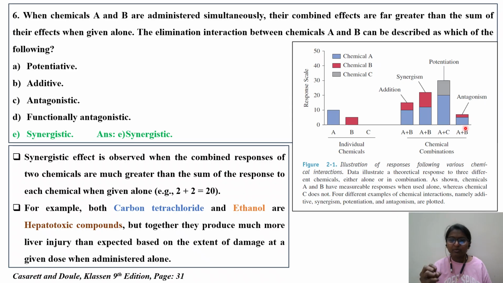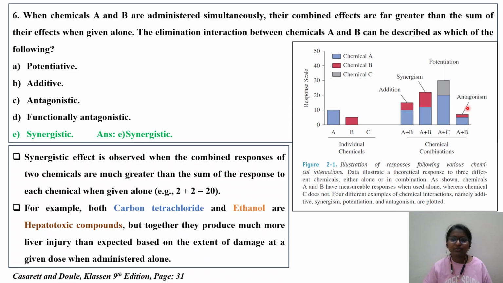If you want to inhibit a certain effect of a certain chemical, then the antagonism principle is important. So in this case, chemical A is there, chemical B is there. Overall effect of A plus B, you can see it has decreased. Here the effect is antagonism.